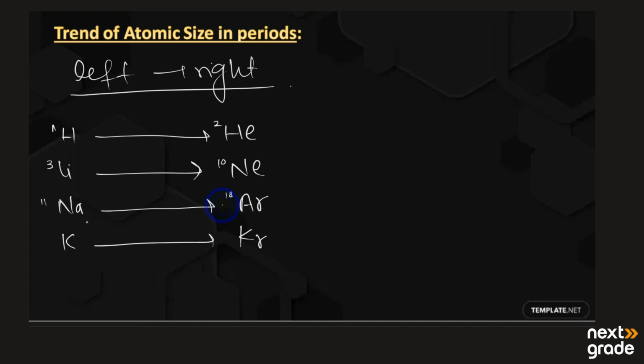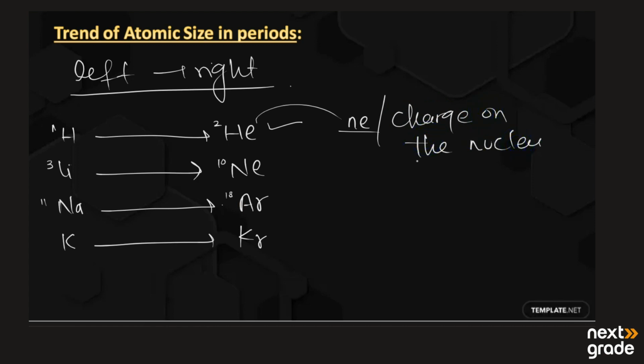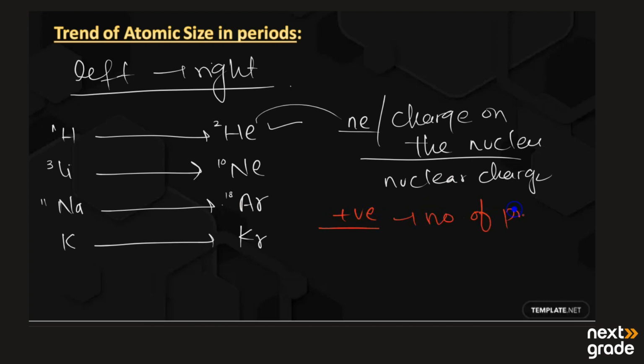So when we move from left to right, there is an increase in the atomic number, and along with this, there is an increase in the charge on the nucleus. That means there is an increase in the nuclear charge, which is positive, as the number of protons increases in the nucleus of an atom.